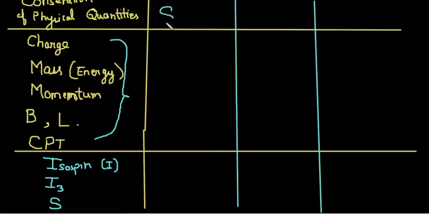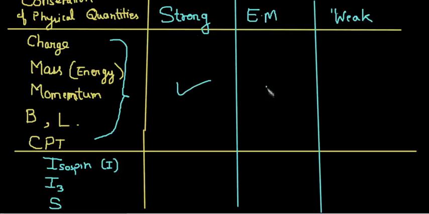First is strong interaction, EM interaction, that is electromagnetic interaction, and weak interaction. We know there are four types of interaction: strong, EM, weak, and gravitational. Gravitational is neglected here. So strong, electromagnetic, and weak interactions.